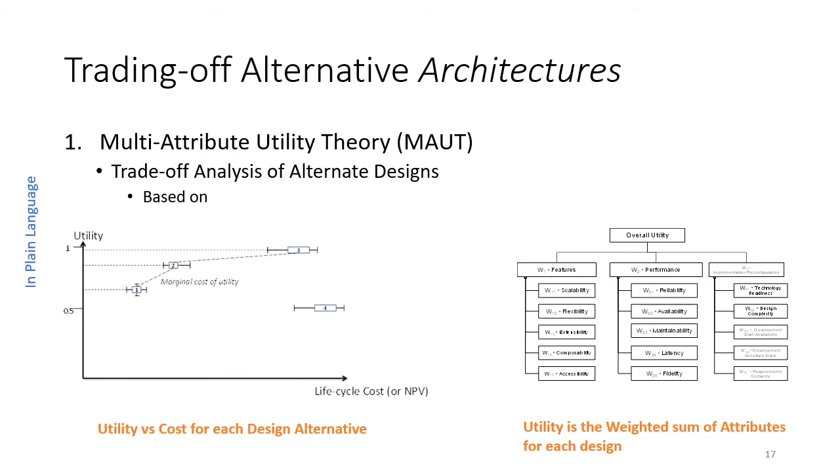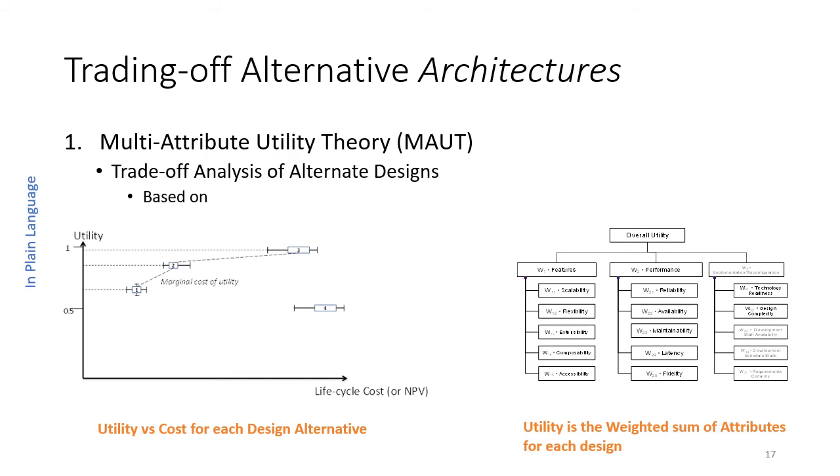So in this example on the left-hand side, we've got architectures 1, 2, 3, and 4. Those are alternate candidate architectures. Each one of those architectures is scored based on its utility and then plotted on the chart as utility versus life cycle cost.